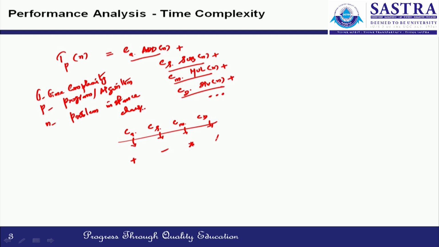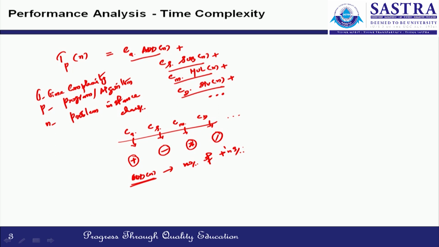Let Ca be the time required to perform the addition operation, Cs defines the time required to perform the subtraction operation. Cm defines the time required to perform the multiplication operation. Cd defines the time required to perform the division operation, etc. Let add of n be the number of additions carried out.